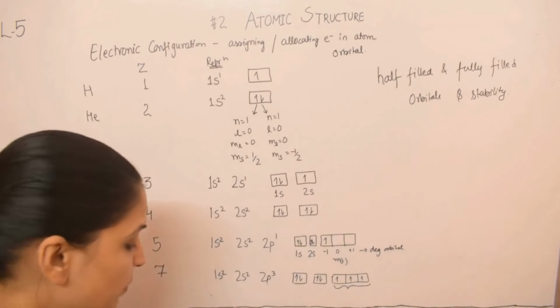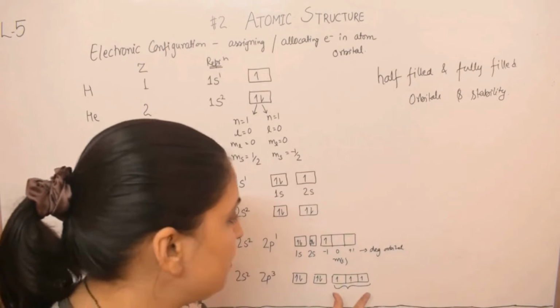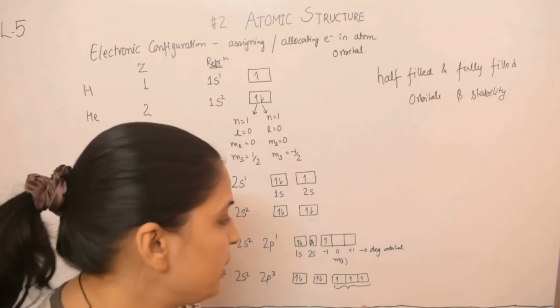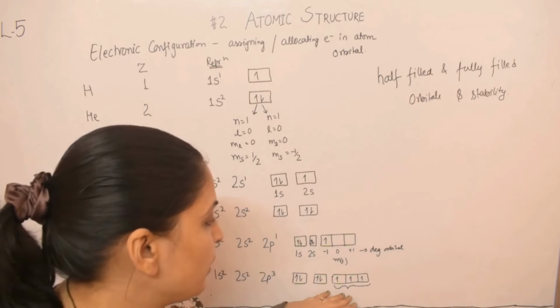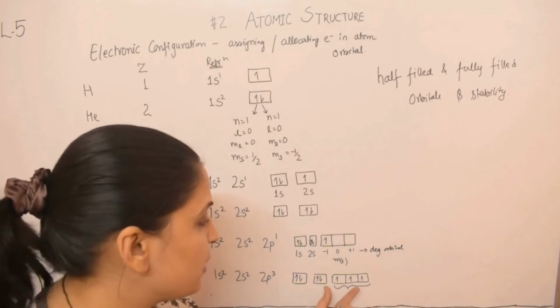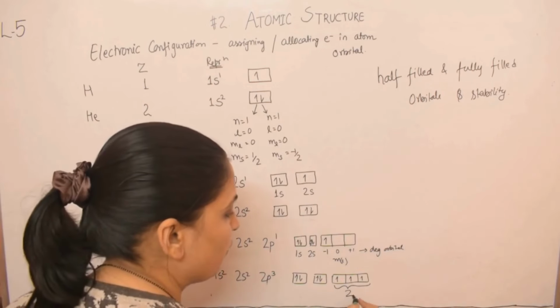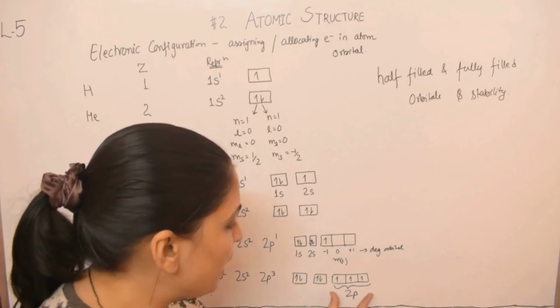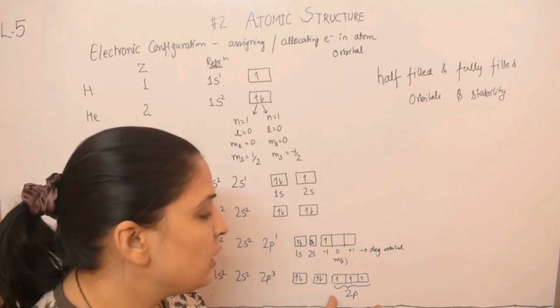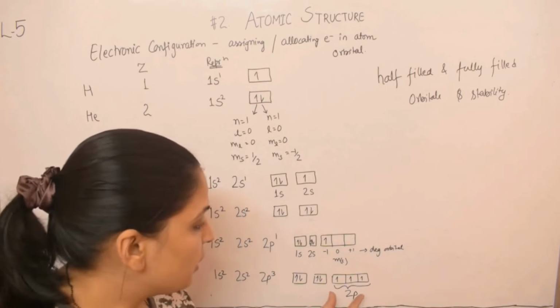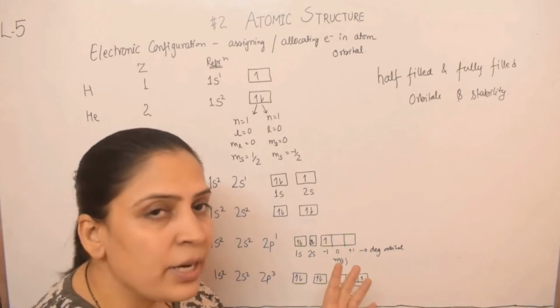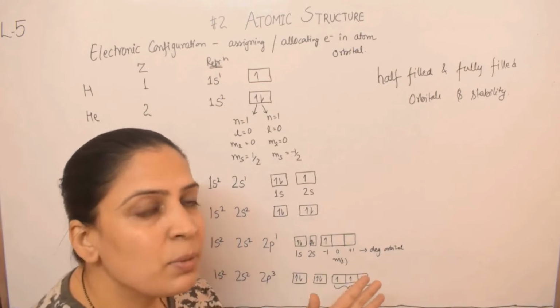This means, suppose we are talking about nitrogen, the maximum number of electrons that can be present in the 2p orbital is 6 electrons, but right now it has 3 electrons, which is half of its maximum occupancy.